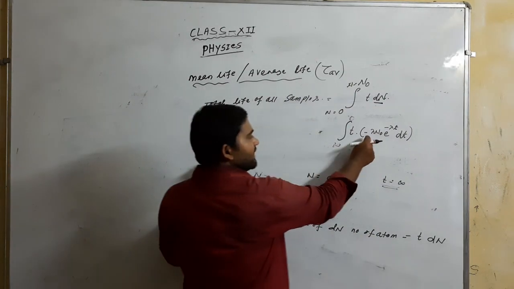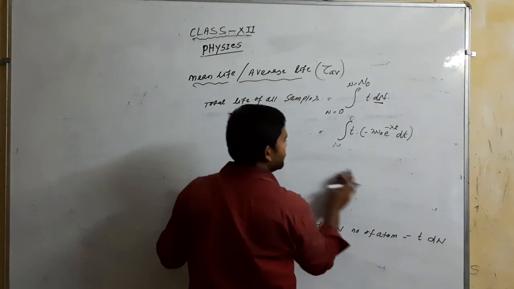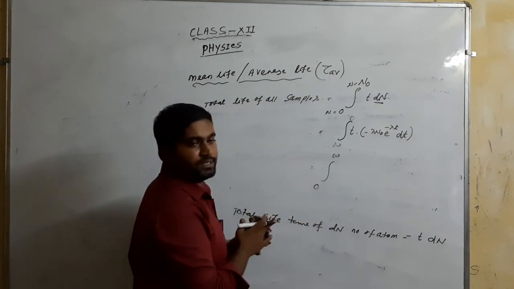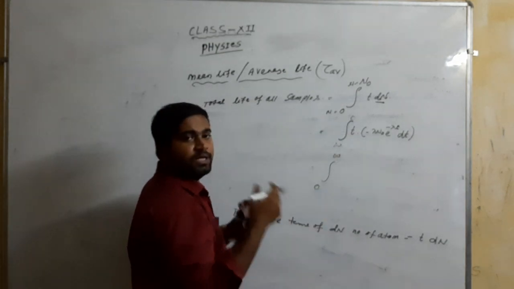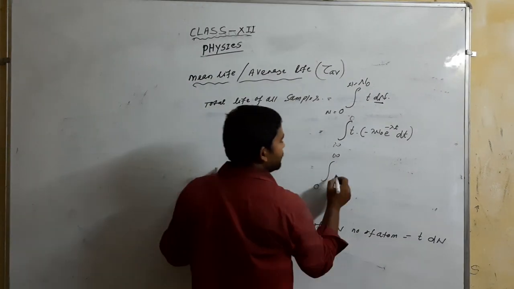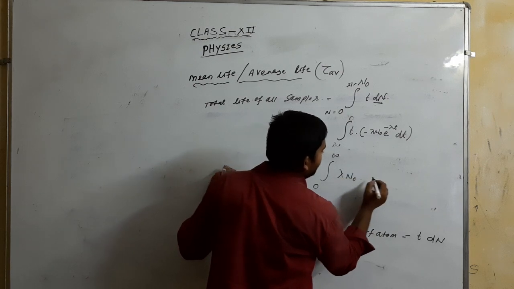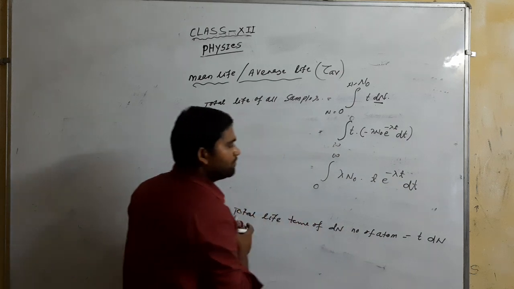There is a negative sign, so we can change the order of the integration: the lower limit becomes upper and the upper becomes lower. So that will be the integration from 0 to infinity of lambda n0 t e to the power minus lambda t dt.